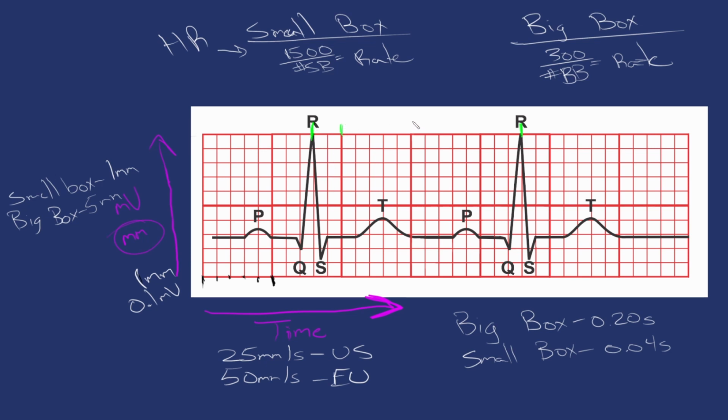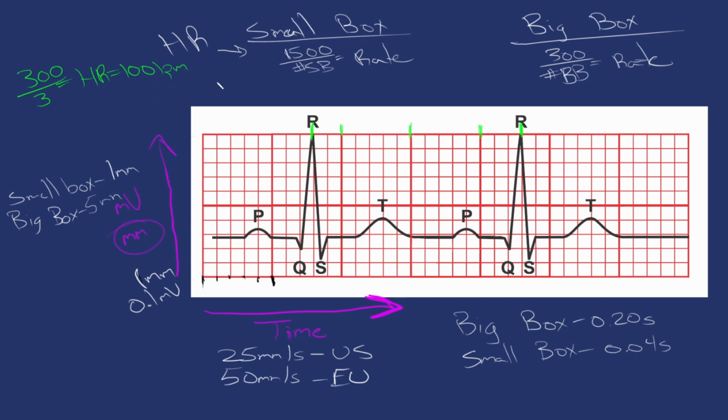So we have half of 1, there's a 1, so we're at 1.5 big boxes, 2.5 big boxes, and we got 3. So at this point, we have 3 big boxes. We'll do the 300 over here, divided by the 3, and that gets our heart rate or ventricular rate. That's going to equal 100 beats per minute.